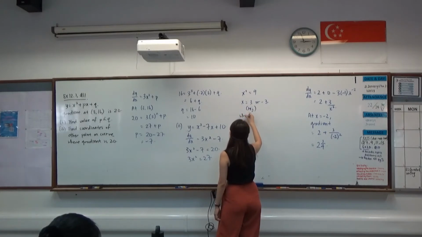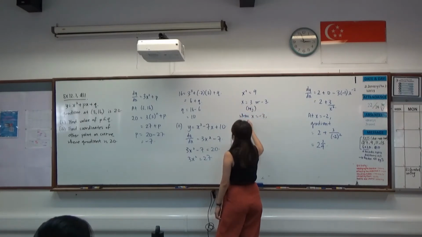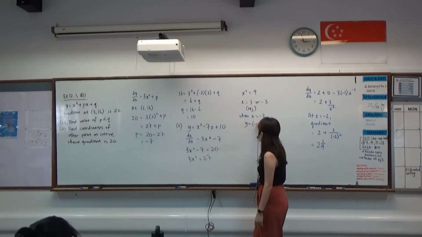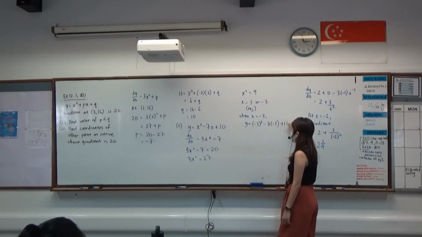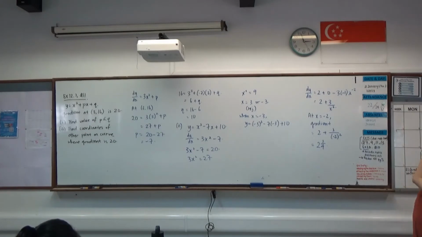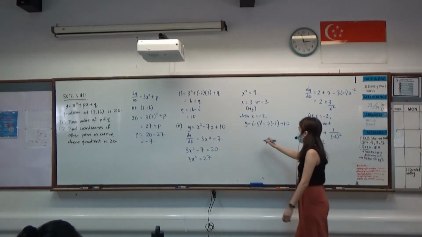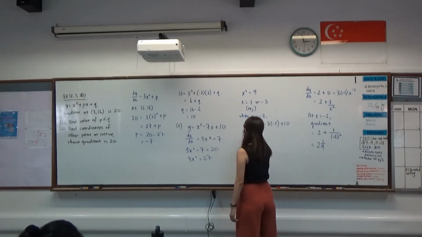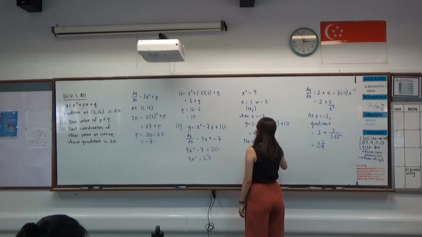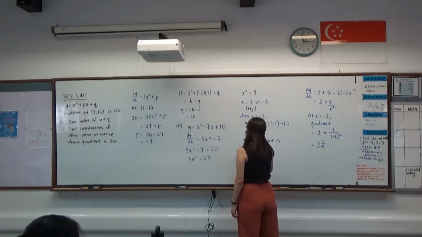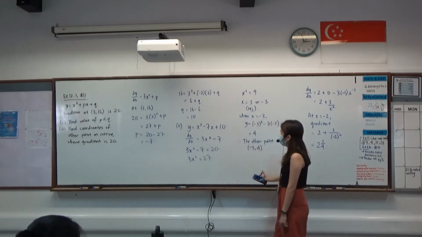So when x equals -3, we can find out the value of y. And that would be 4. So the other point is (-3, 4).